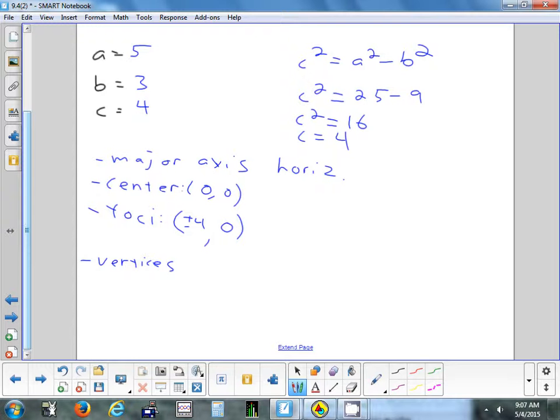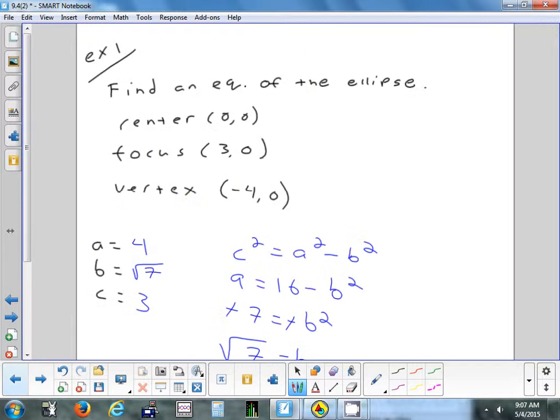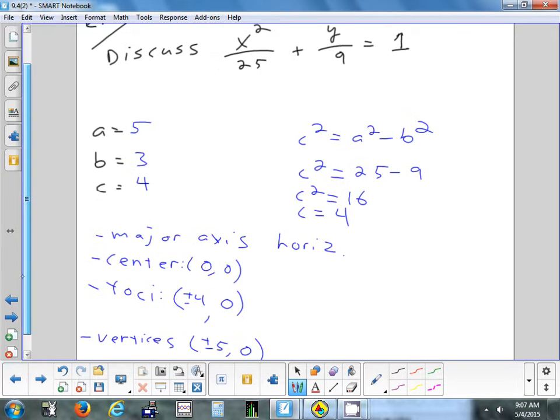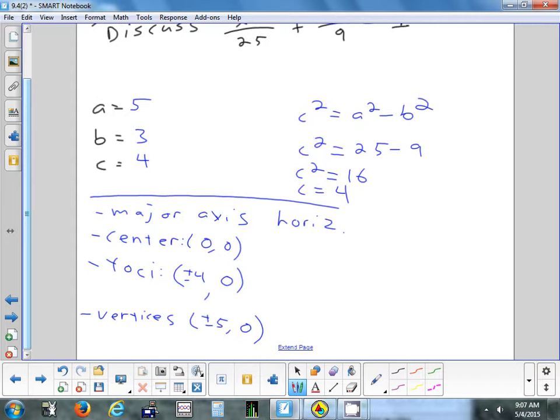You're going to go left 5 and right 5. Okay, and I think that's pretty much everything we'd want to mention. Get the major axis, the vertices, the foci, and the center. It's good. Any questions on that? So that's how you discuss an ellipse. Just describe those 4 things.